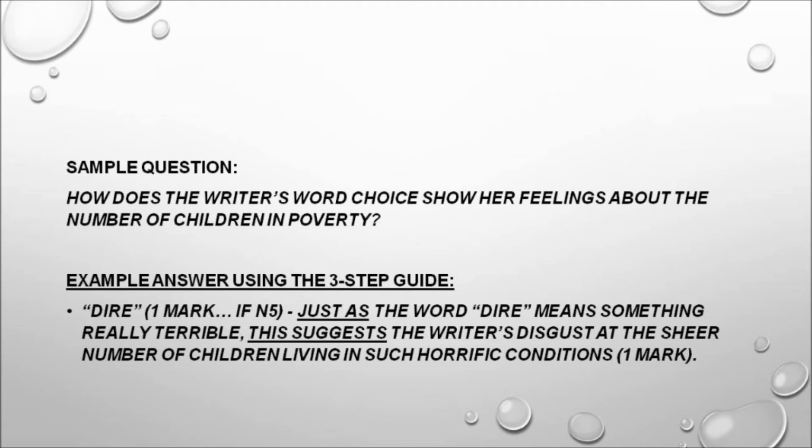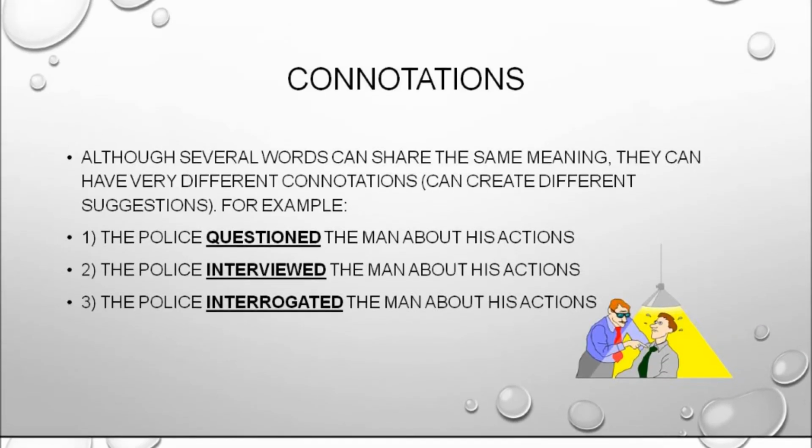So remember at Nat 5 you'd get a mark for that, at Higher you wouldn't. Just as the word dire means, remember that's the second step, something really terrible. Step 3, this suggests the writer's disgust, so that's us answering the question, showing the feelings, at the sheer number of children living in such horrific conditions, and then that would get you the second mark at Nat 5, or a mark at Higher would come at this point.